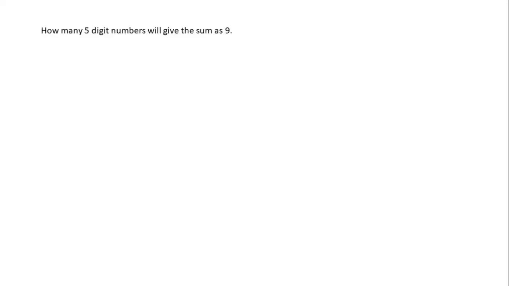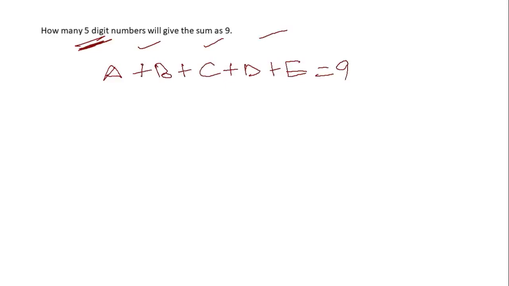How many 5-digit numbers? Now this term is very important. They have said 5-digit numbers. Now there is a problem in this. They said 5-digit number. So for a 5-digit number, minimum it should start with what?